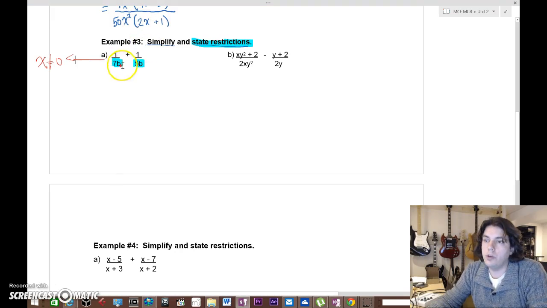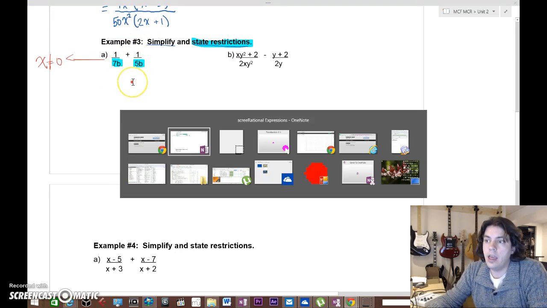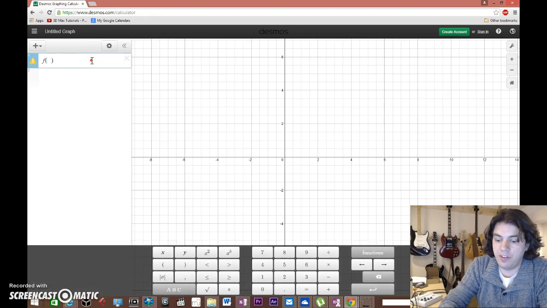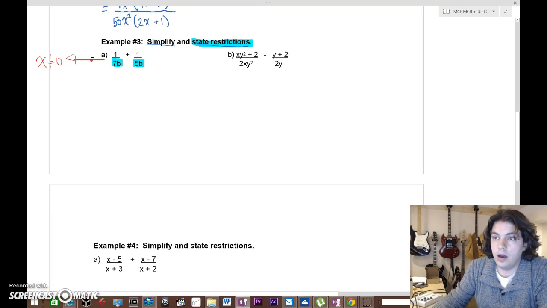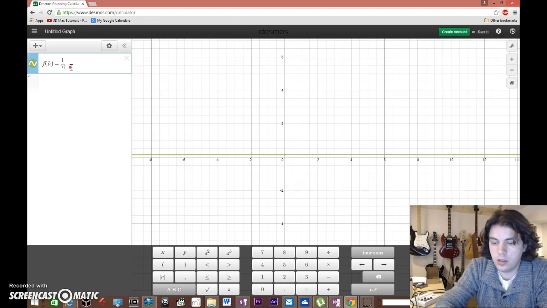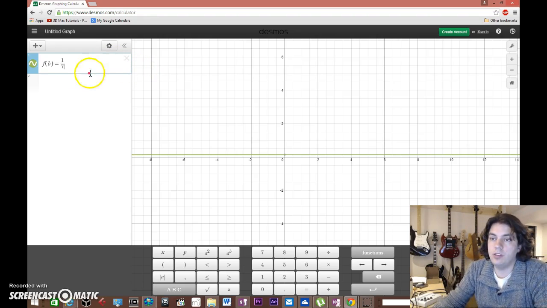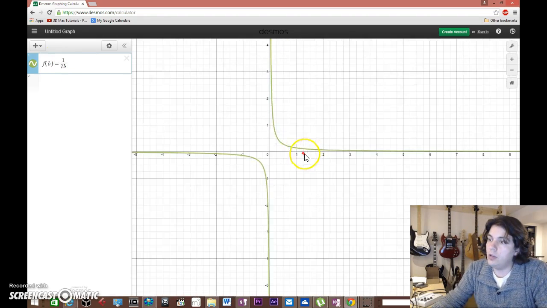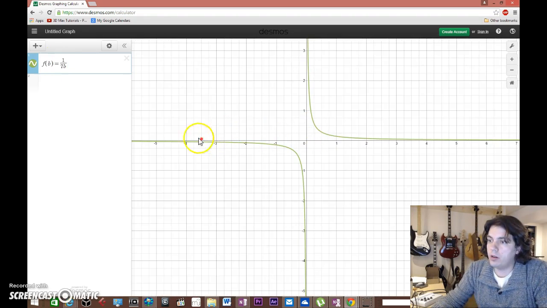I want to quickly show you what these two functions look like. So if we have f of b equals 1 over 7b, we know when I punch this in that b shouldn't be possible at 0. And if you look, here we get an asymptote, which we talked about earlier, where x will get really close to 0 and begin to go down really fast towards negative infinity.